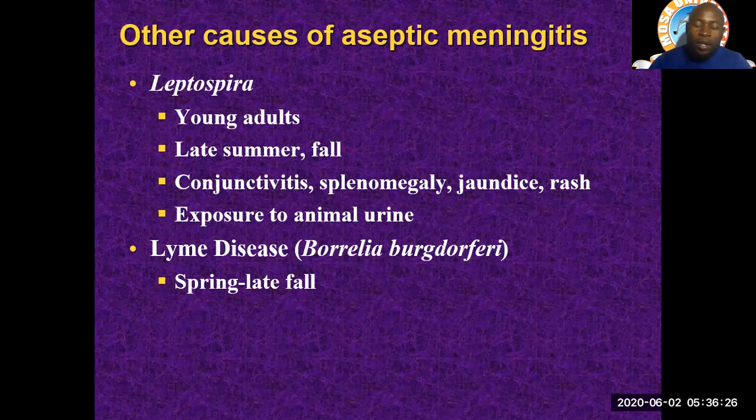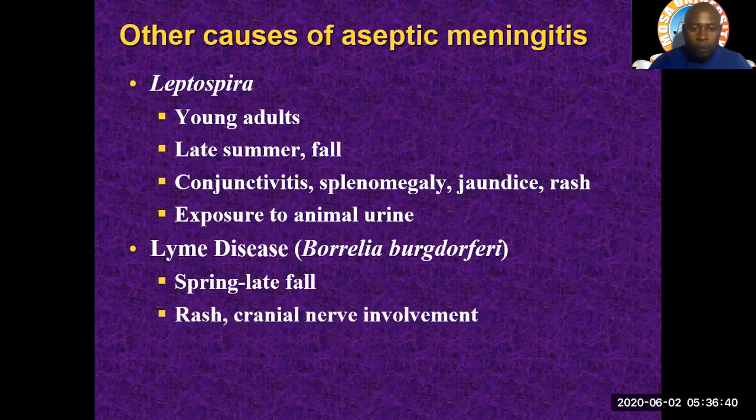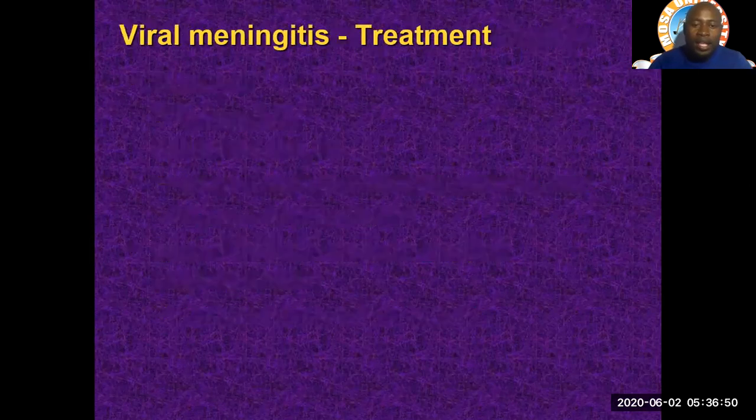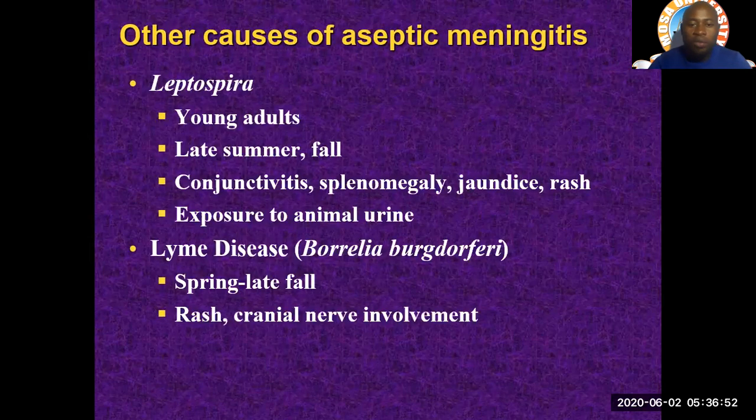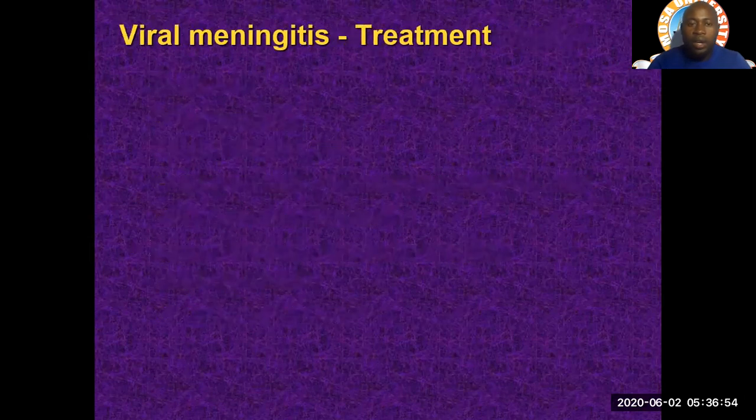If you look at the eyes, sometimes they present with jaundice, rash. This may happen due to exposure to animal urine. They may also be associated with Lyme disease. These come during the spring and the late fall. They will show signs of rash and cranial nerve involvement.